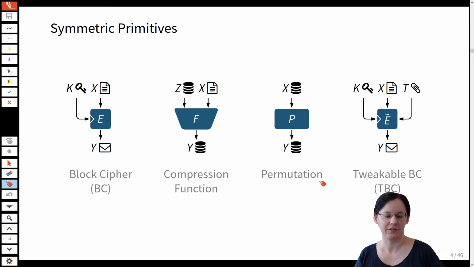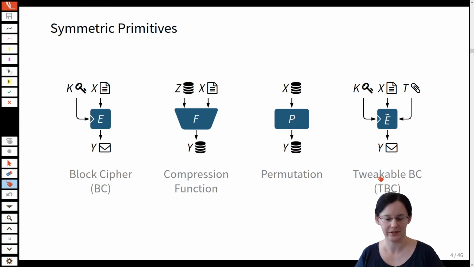So in very old books about symmetric crypto, you find almost exclusively block ciphers and maybe a bit about how to turn a block cipher into a compression function. Whereas many of the schemes that have been proposed more recently and that have very attractive properties actually use one of these 2 primitives. So either permutation or a tweakable block cipher.